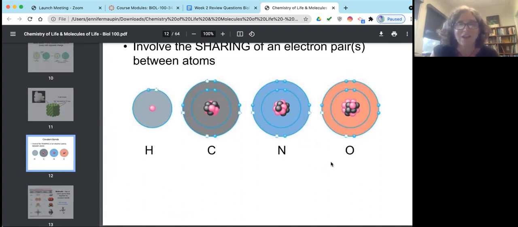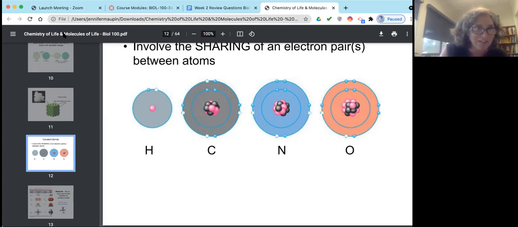So, Adriana, if you look at these atoms here, and this of course is carbon, hydrogen, oxygen, nitrogen, 4 elements that make up 96% of all living things. This shows you visually how many electrons each of these would need to become stabilized, to fill that outermost shell.